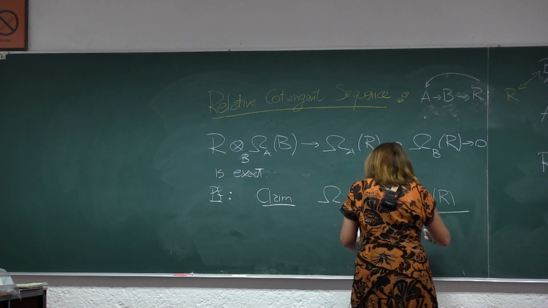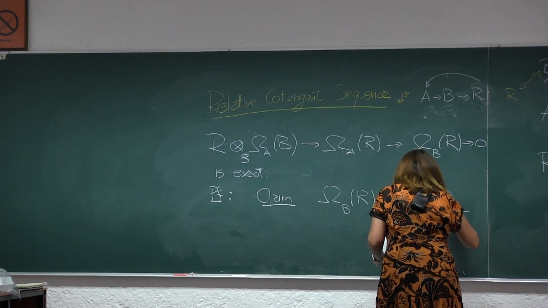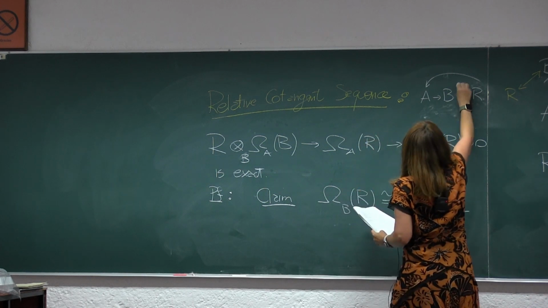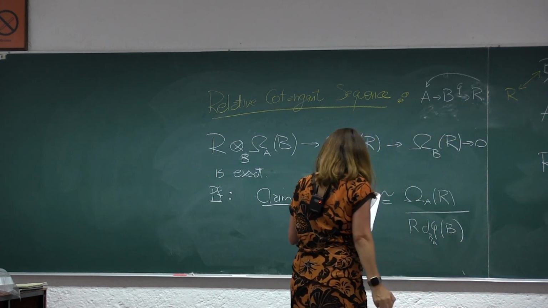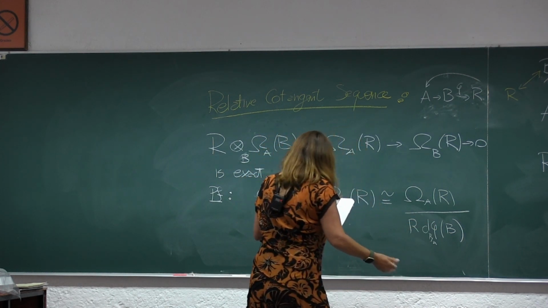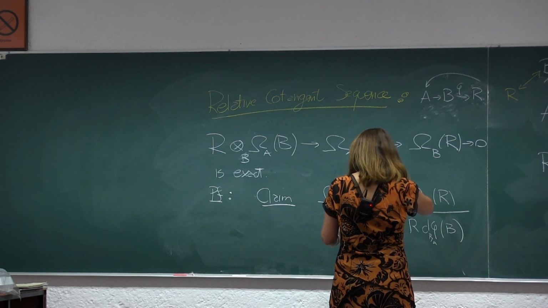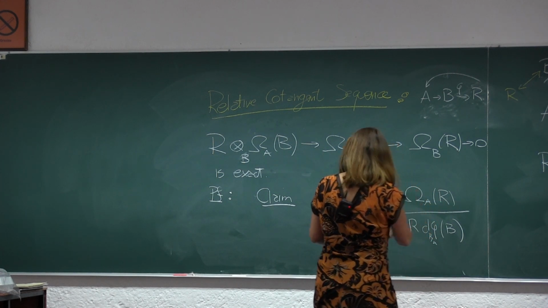Let me write it better: Omega_{R/A} modulo R dR/A of phi(B), where phi is this map. Okay? So let's see that, and I want to show this.